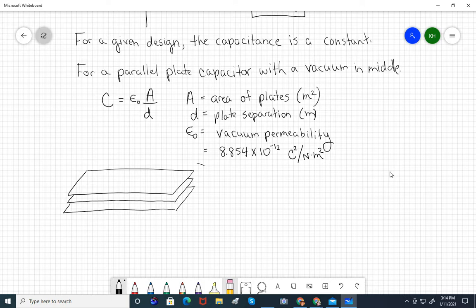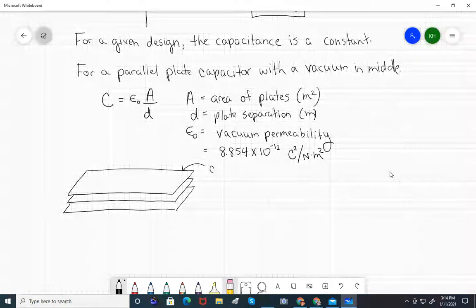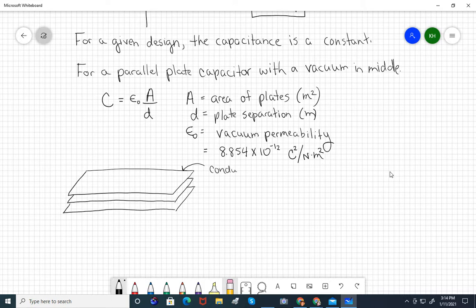So you need a conductor, and then you need an insulator, then you need another conductor, and then usually what they do, they use very thin sheets of metal.